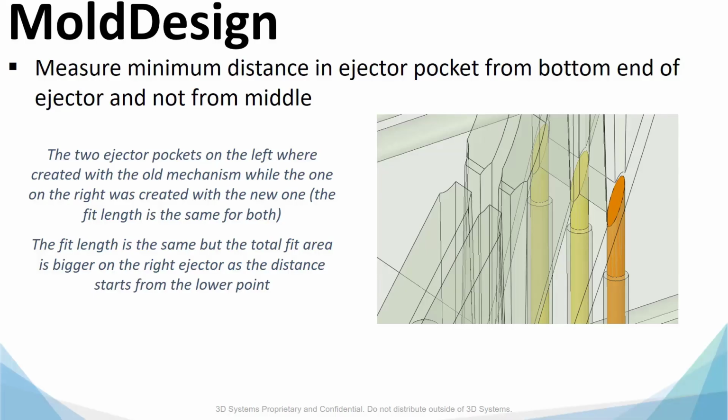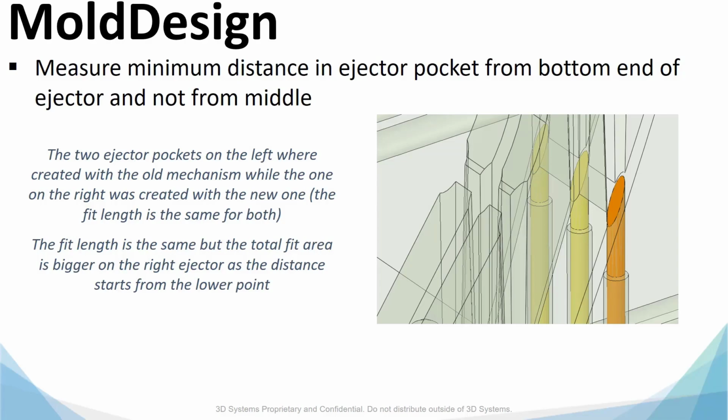Measure minimum distance in ejector pocket from the bottom end of the ejector and not from the middle. If you look at this picture, the two ejector pockets on the left were created with the old mechanism, while this one on the right was created with the new one. The fit length is the same, but the total fit area is bigger on the right ejector as the distance starts from the lower point.